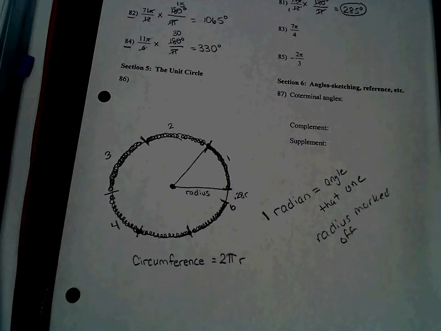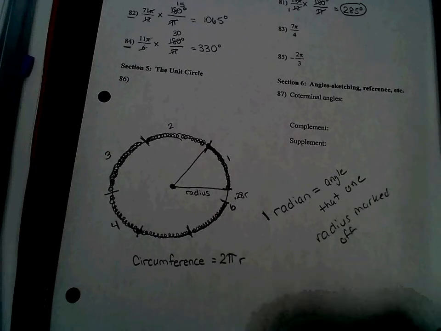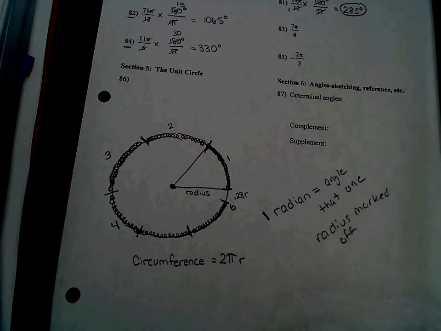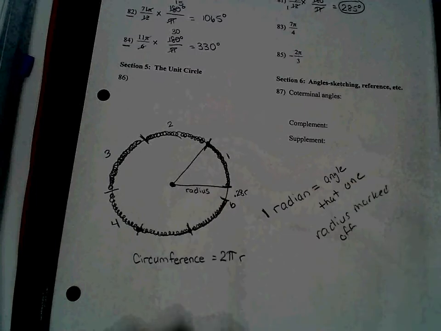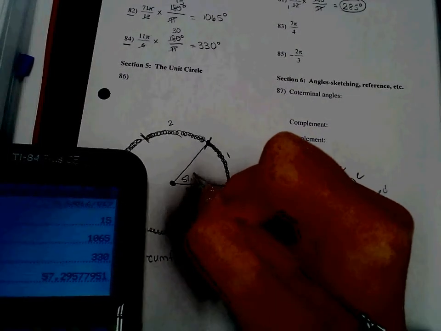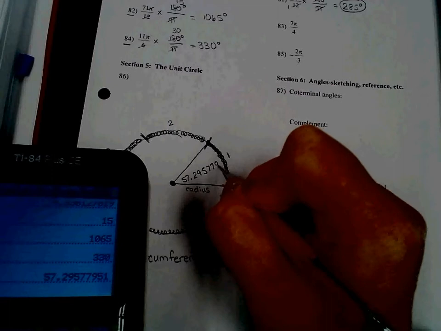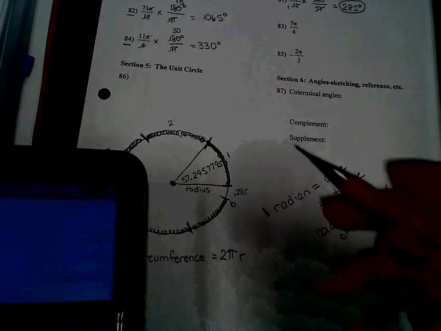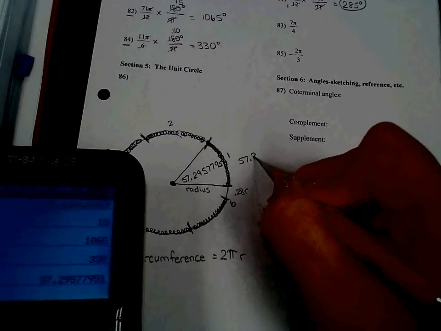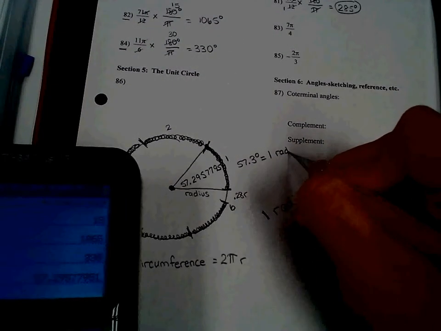Well, if you want to know what 1 radian is in degrees, you can just do 180 divided by pi. 180 divided by pi is 57.2957795. So we're just going to round. 57.3 degrees equals 1 radian.